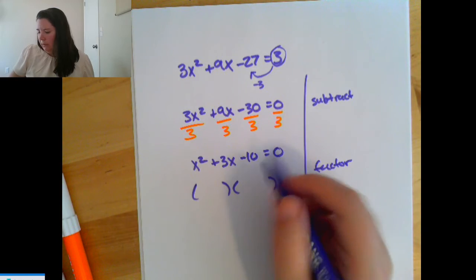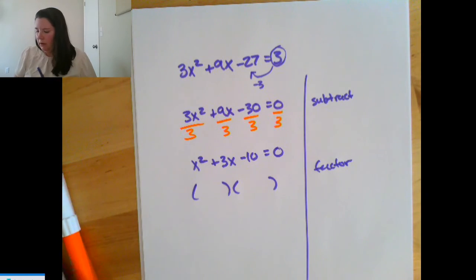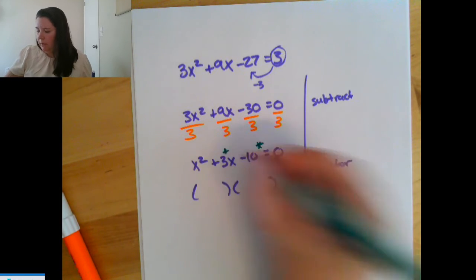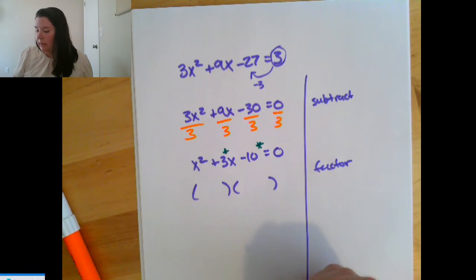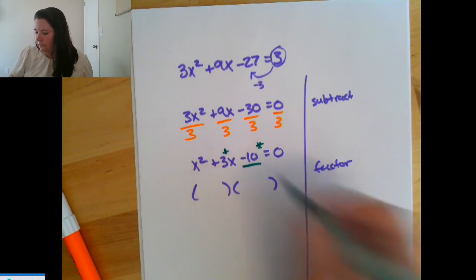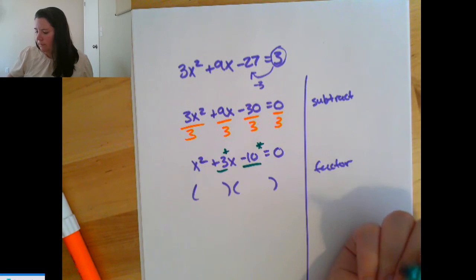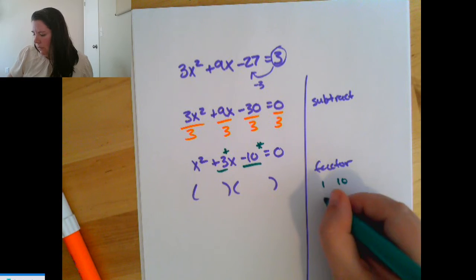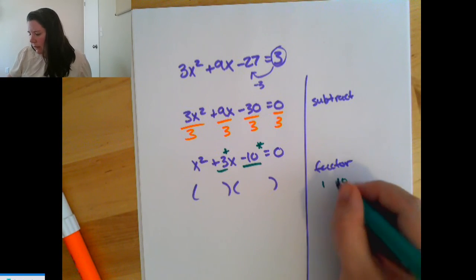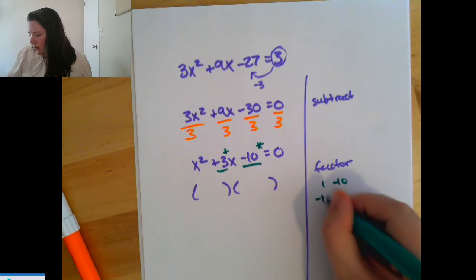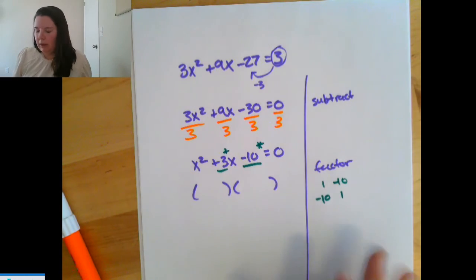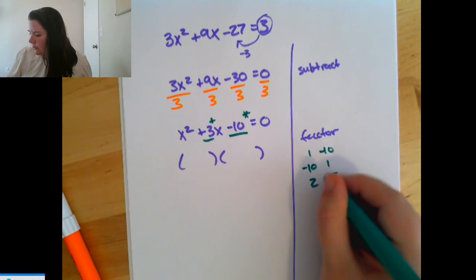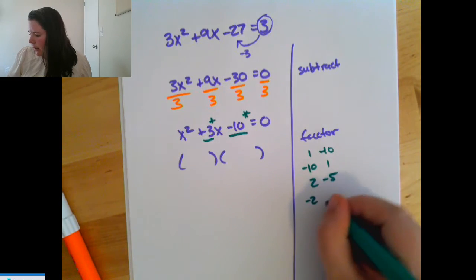I want 2 numbers that multiply to negative 10 and add up to positive 3. So I have 1, 10. One of those is going to have to be negative. Not sure which. 2, 5. So negative 2, positive 5.